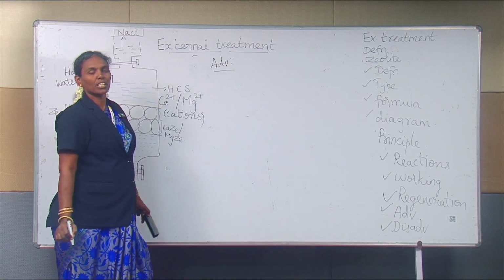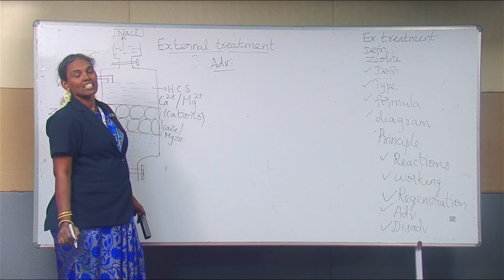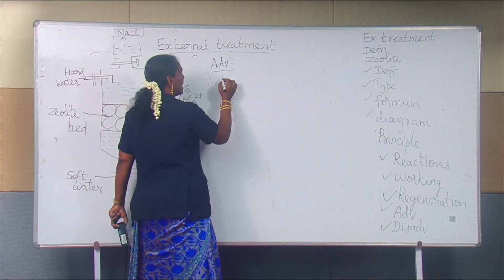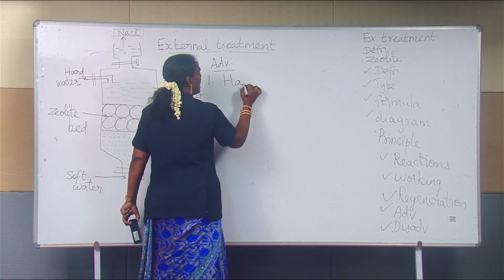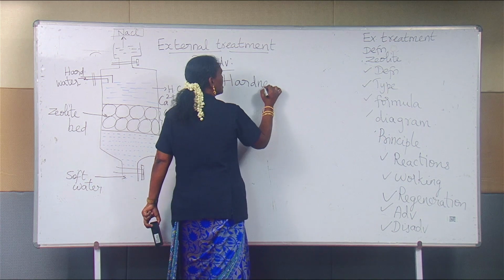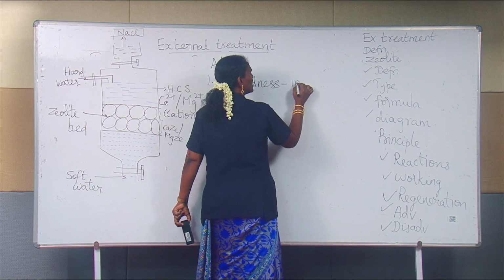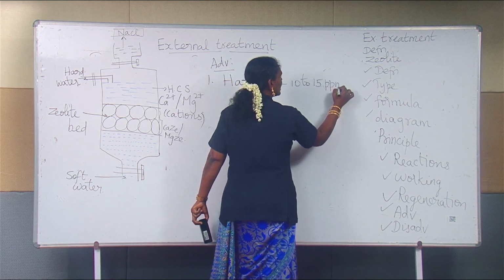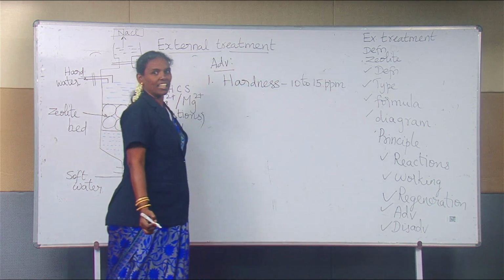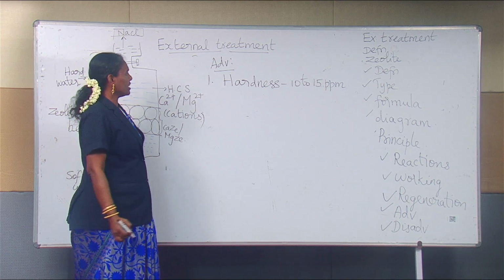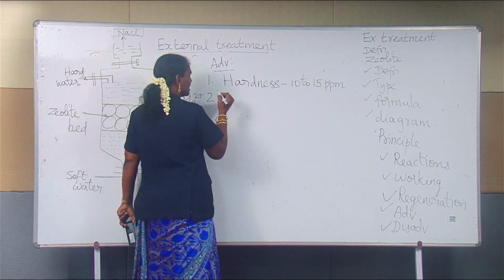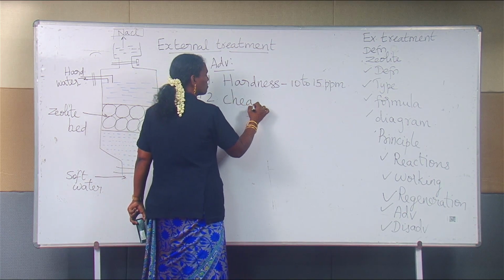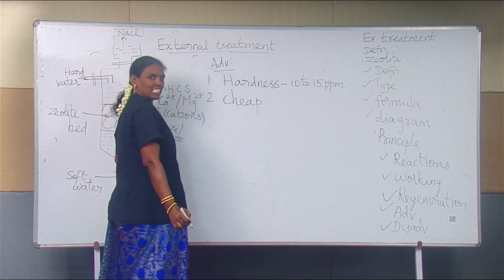The outcoming water is called soft water. First, soft water has a hardness value of around 10 to 15 ppm, that is, it contains only a small amount of hardness-causing salts. Second, this method is very cheap.